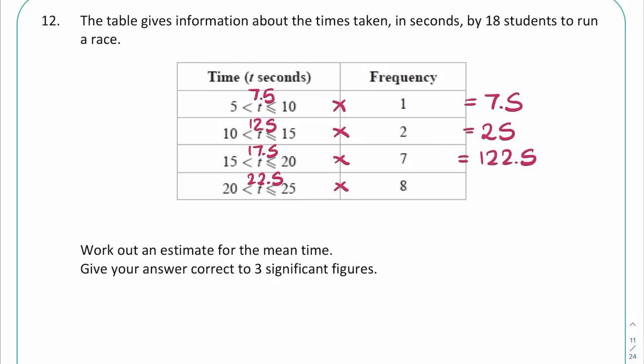There we go, and 22.5 times 8, and that is 180. Now all we need to do, add those all together. Let's type them into the calculator, make sure we don't make a mistake. So 122.5 plus 25 plus 7.5, and that gives us an overall total of 335. And again, that's just an estimated total as we are using the midpoints.